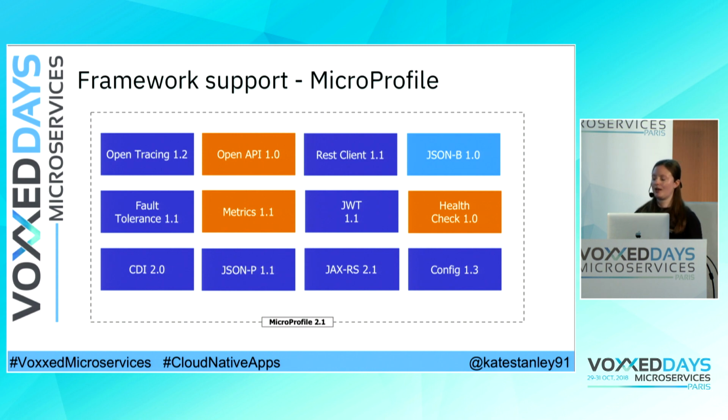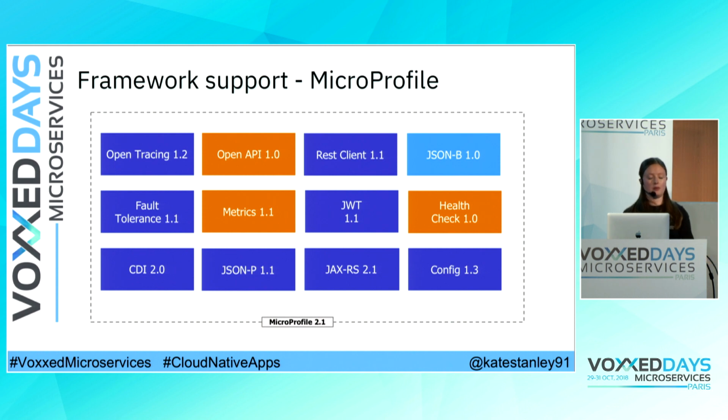So initially when it released, I can't remember when it was, a couple of years ago now I think, it was just bringing together some existing Java EE specifications, and a set of different vendors implemented them. So there's a whole set of different vendors. If you go over to the Eclipse booth they've got here, they've got a lovely t-shirt that you can get that has all of the vendors on the back.